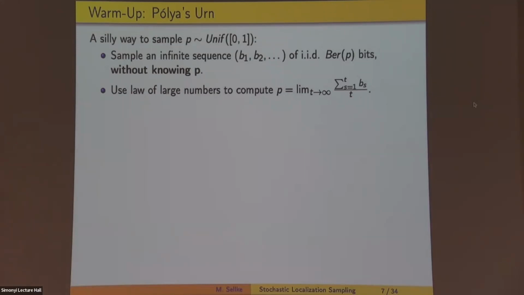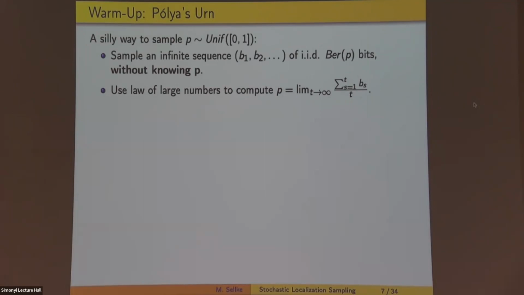So let's say P is a half, then I'll have some distribution over infinite sequences. Let's say P is a third, I'll have some other distribution over infinite sequences. Since I know the distribution of P, I know how I'm supposed to average these different distributions over sequences. So I get one big distribution over sequences. It makes sense to sample from this distribution over sequences without first figuring out what P is.